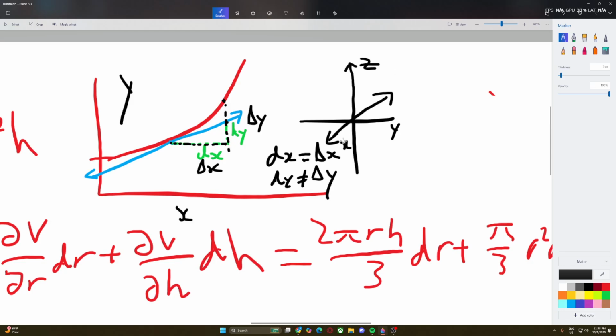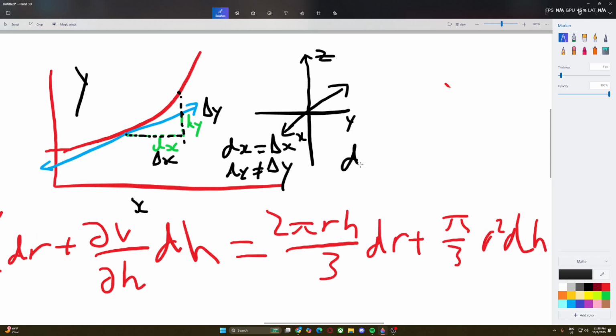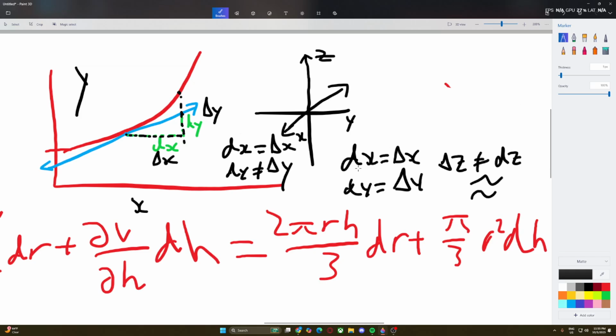So by that logic, dx is equal to change in x and dy equals change in y, but change in z is not equal to dz, only approximately near a certain point.